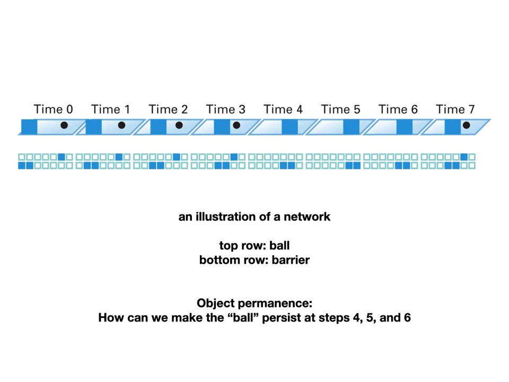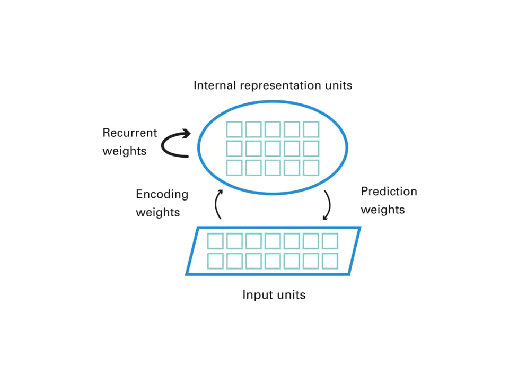And so now, the representation of that top layer says, oh, there's nothing there anymore. I don't know where the circle is. So that's the idea. The top row is showing the circle, the ball, and the bottom row is showing that barrier, the square. So the question is, how can you set the system up so that the ball will persist during those middle steps? Recurrence.